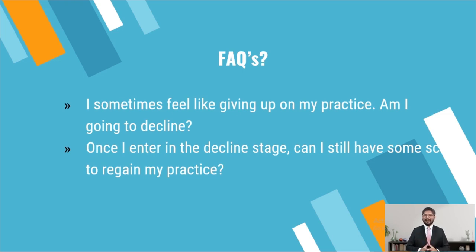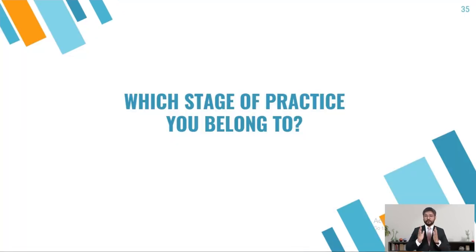So this is all about the different stages of dental practice. I hope it has given you a clear idea of all stages, and now your job is to find out which stage of practice you belong to. Let me tell you how to do it. If you see the last page of the assignment, you are asked to write down the final total score of each stage. Once you write the score, the stage with the highest score is likely to be your practice stage.